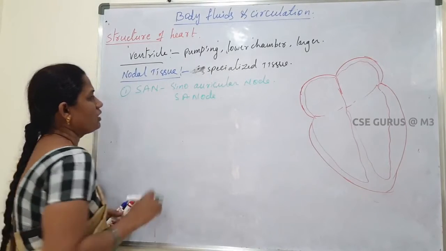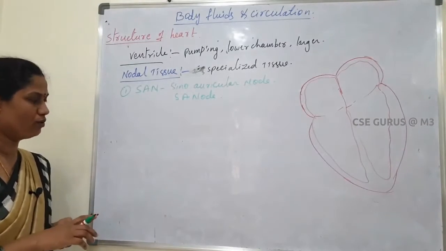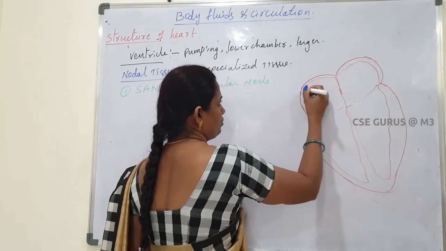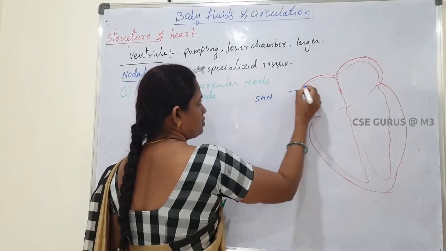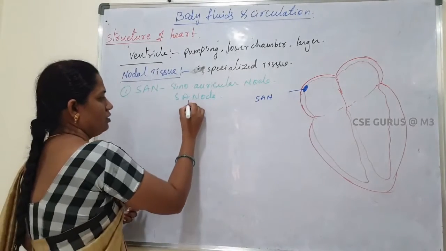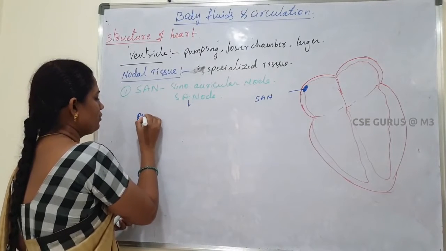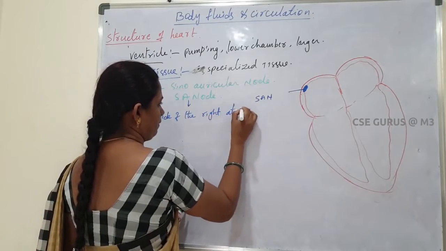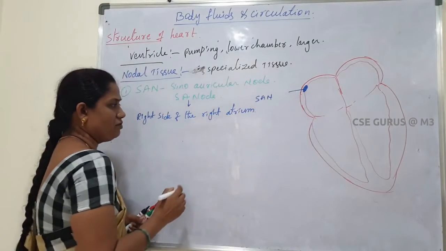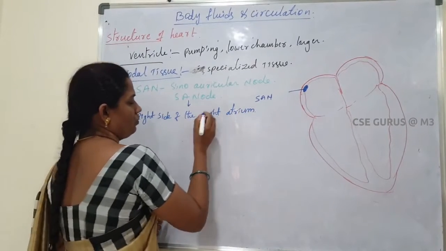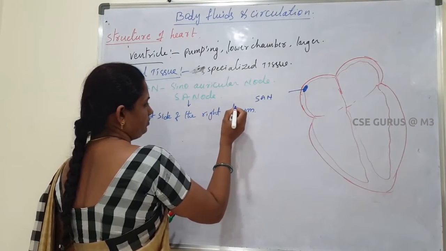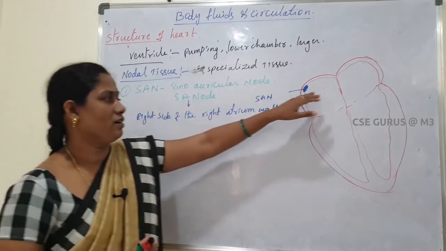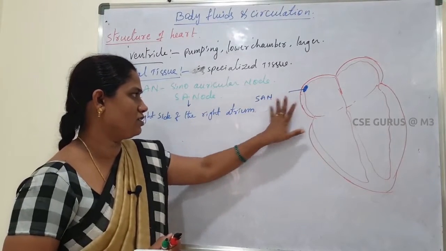The SA node is present in the right side of the right atrium wall.